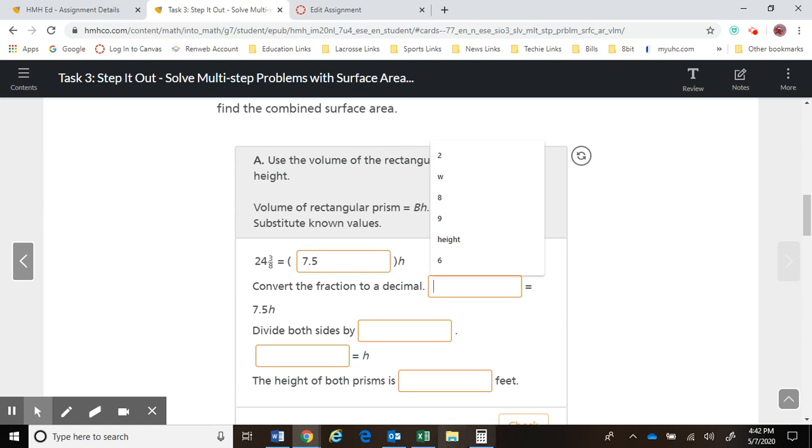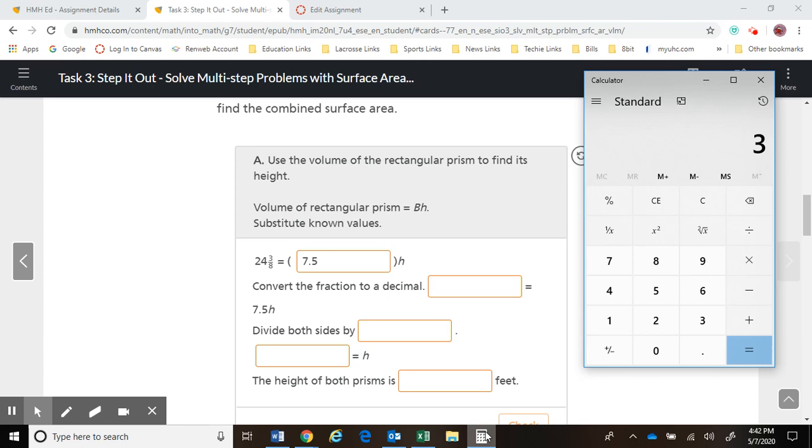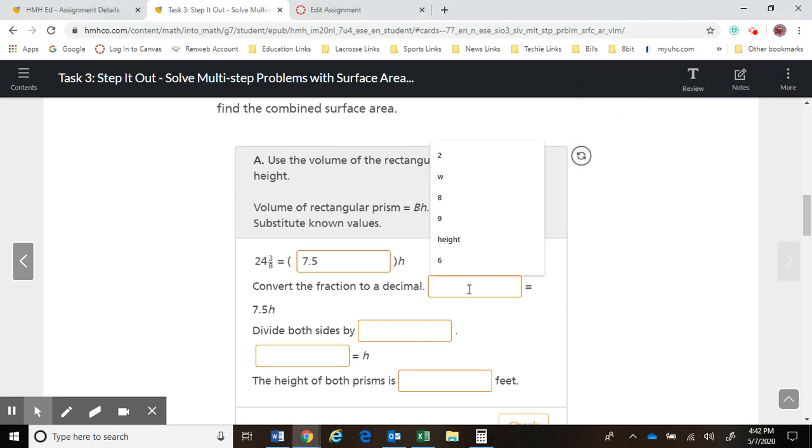What is 3 divided by 8? 0.375. So plus 24, 24.375. And that would be 24 and 3/8. Okay. And that equals 7.5h.